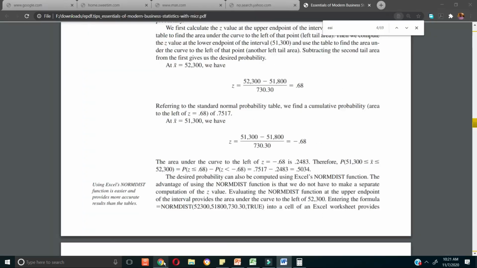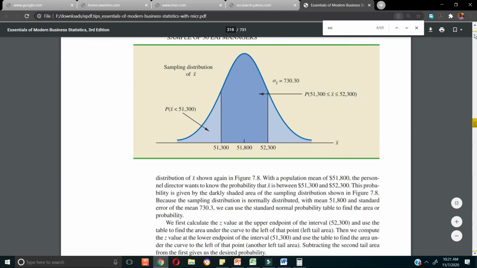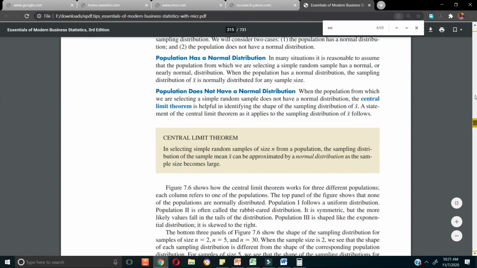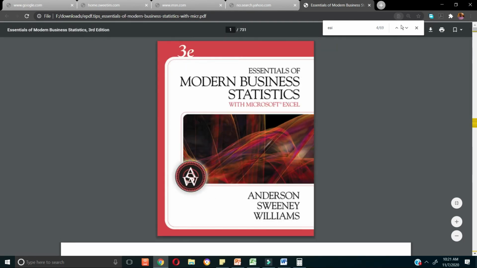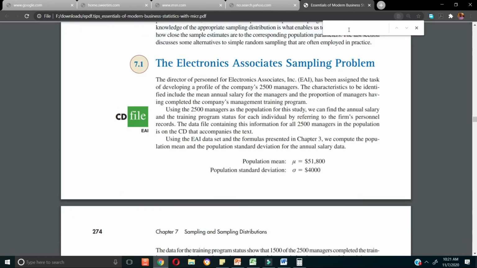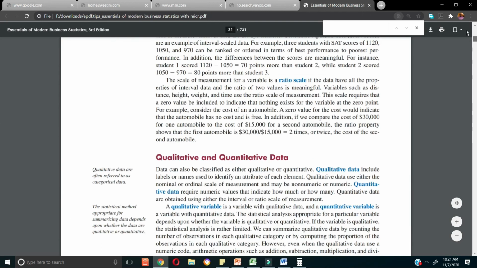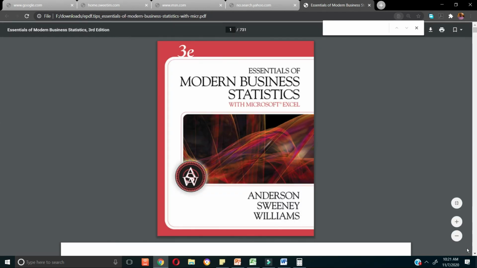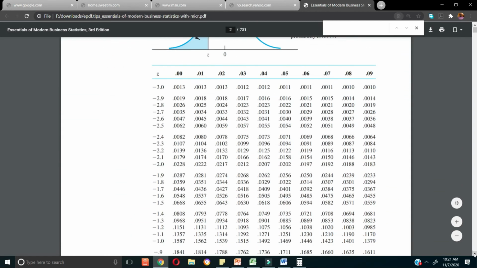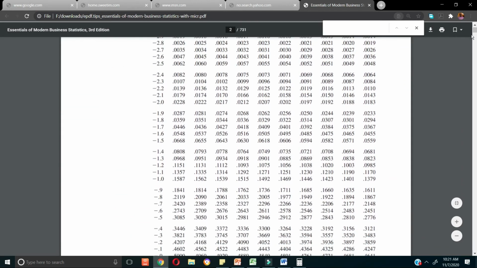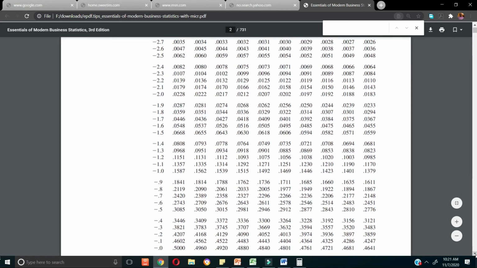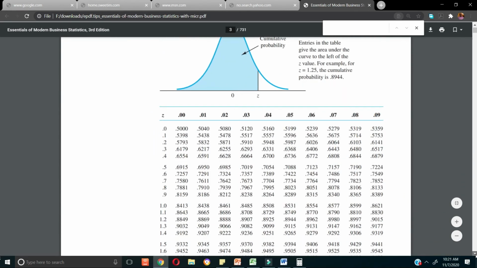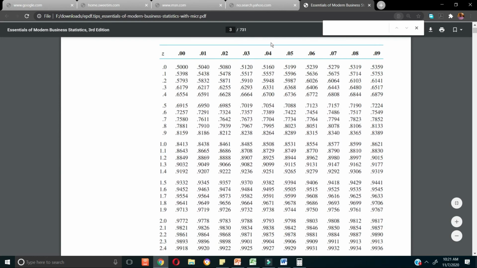So if we get the cumulative now, if I go back to the probability distribution tables, so minus 1.25. I've got to start with the positive side, I guess. I'm only doing this because it's easier to arrange the values.